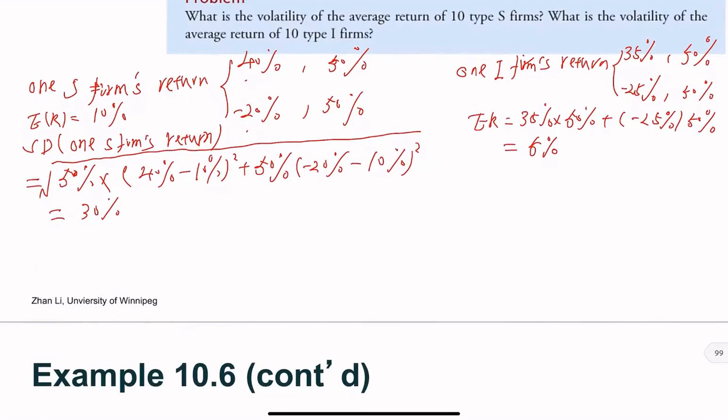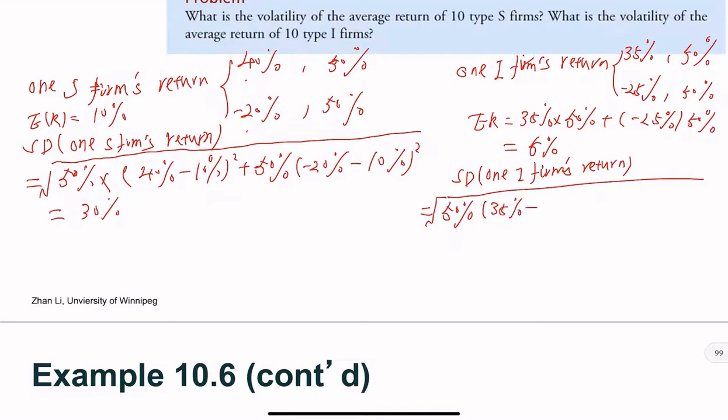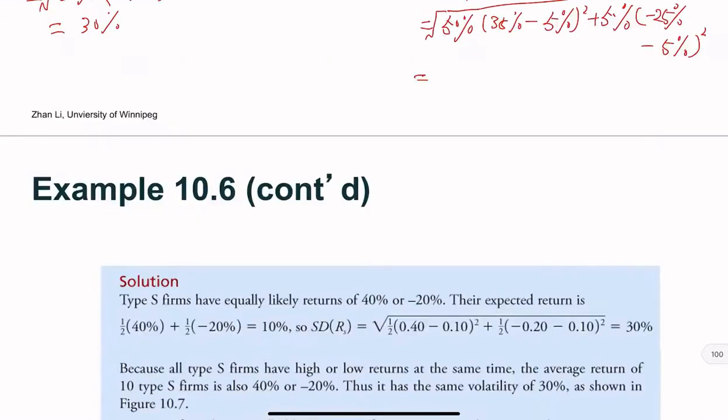Now for type I firms, the standard deviation of one type I firm's return equals the square root of 50% times squared deviation plus another 50% times squared deviation. So this gives us 30%.